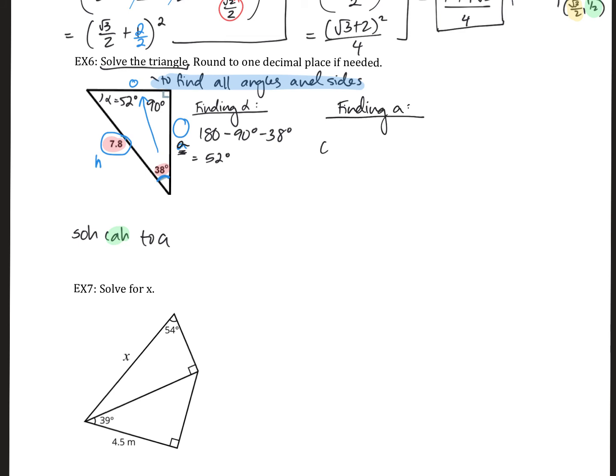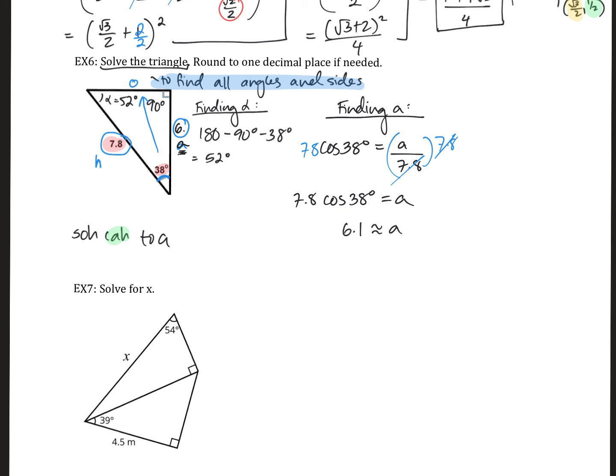So to do that, we're going to do cosine of 38 degrees equals A divided by 7.8. Solving that, we get, multiplying both sides by 7.8, those cancel. And we're left with 7.8 times cosine of 38 degrees. Plugging that into your calculator, you'll get 6.1 is roughly what A equals.